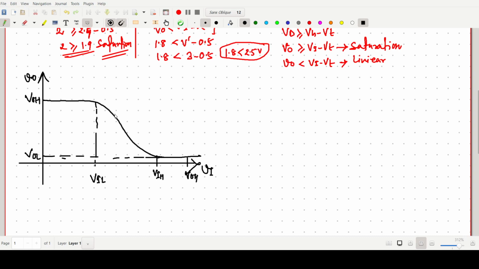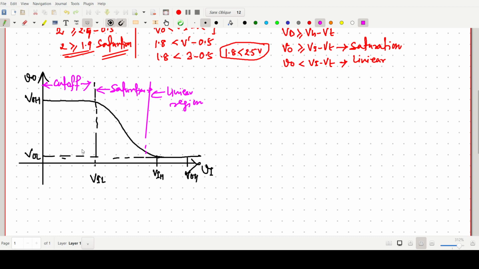The same thing we are doing, but here we can say this one is in the cutoff region, after that it is in saturation for some point, and then it is in the linear region.